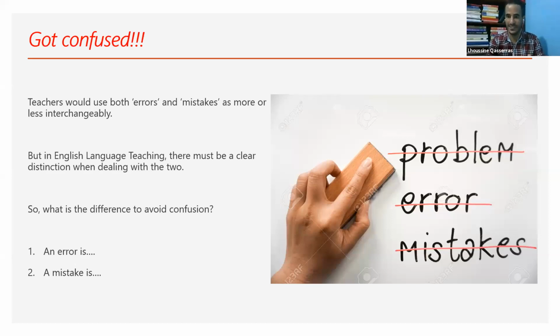You see the difference. A mistake can be corrected when students receive some help. But an error cannot be corrected by the students even though there is help. Errors are systematic. You make errors all the time. But mistakes, no. Okay. Very good, Saeed. Self-corrected. Yeah, mistake is accepted.